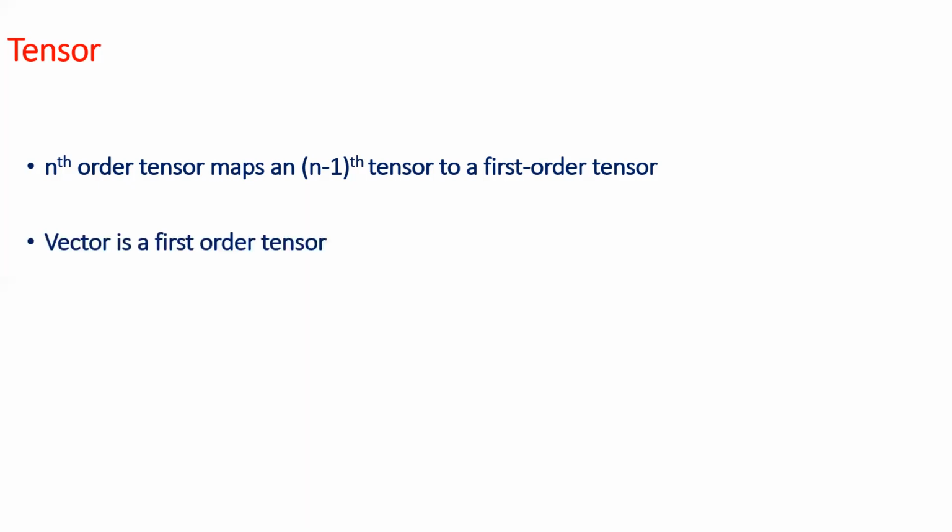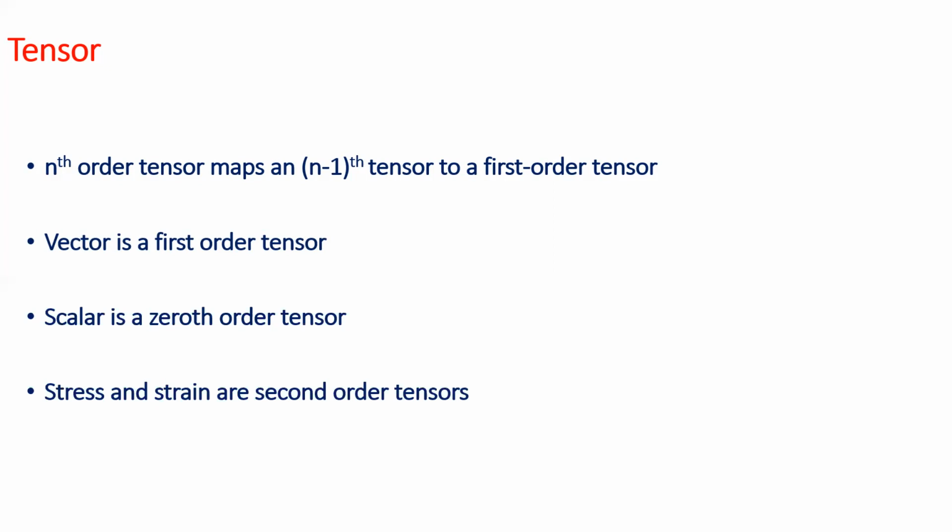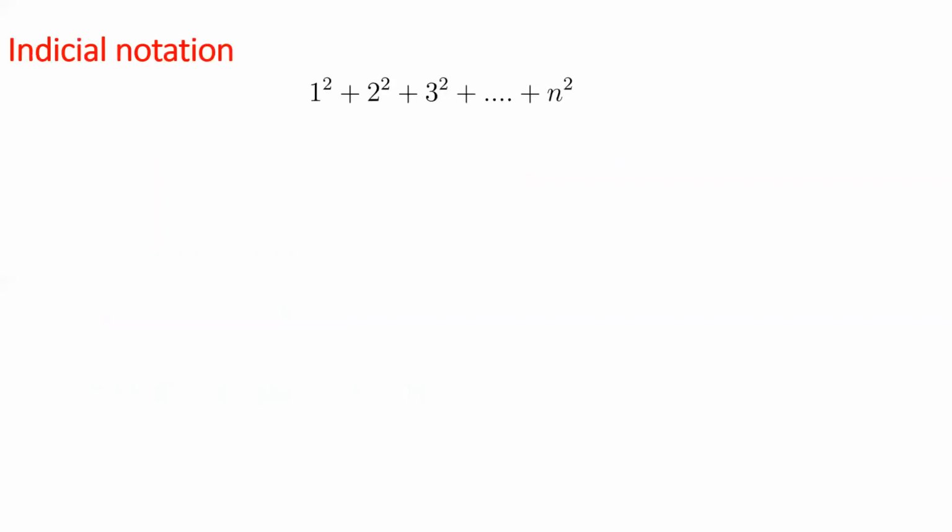Going by this definition, a vector is a first order tensor, a scalar is a zeroth order tensor, and what we know as stress and strain are essentially second order tensors, and we also know they are symmetric second order tensors. So we will for now accept this definition of a tensor as an nth order tensor mapping an (n-1)th order tensor to a first order tensor. All right, with this background, we will proceed.